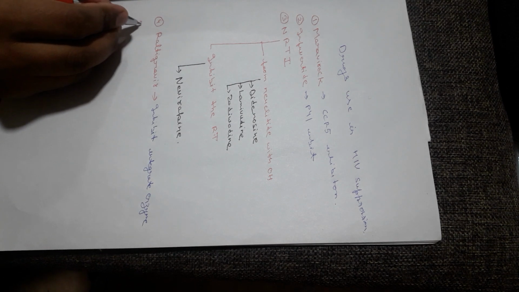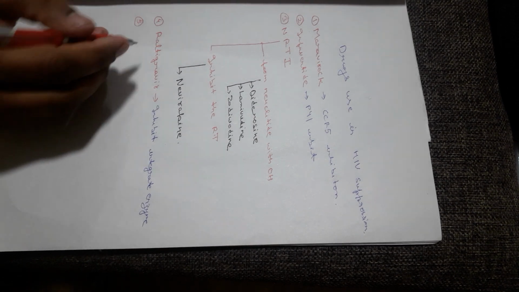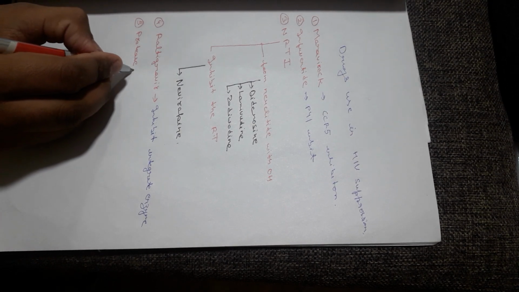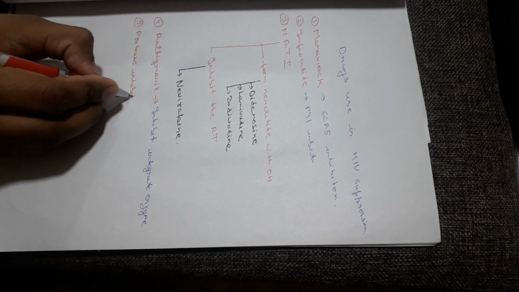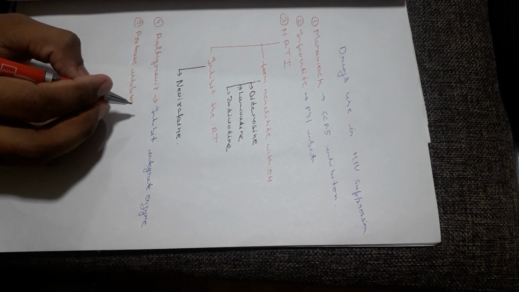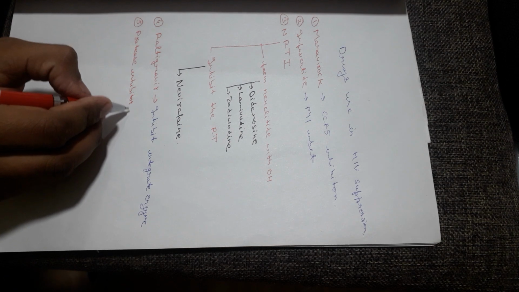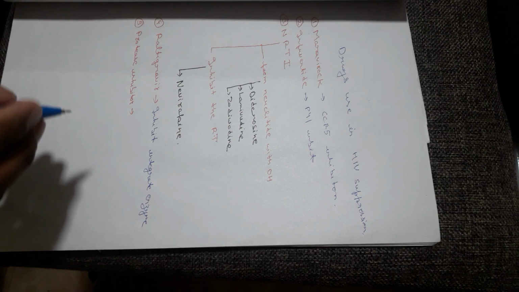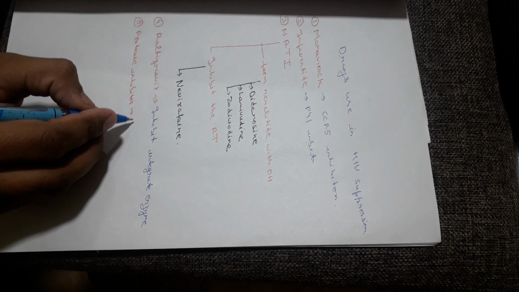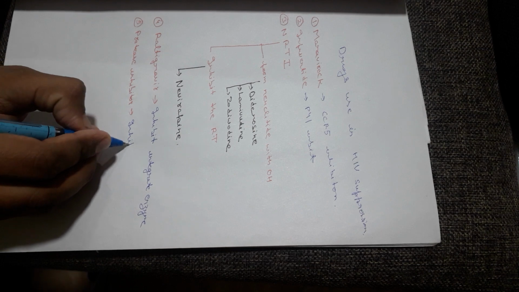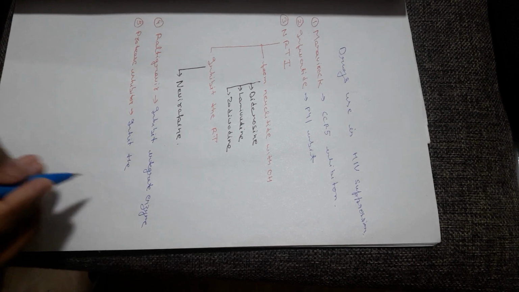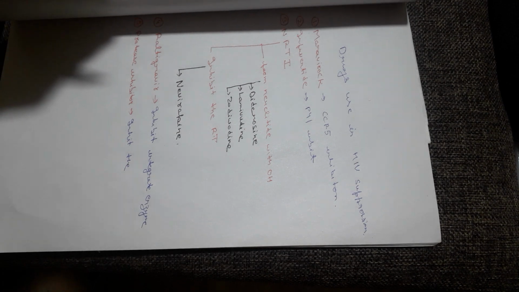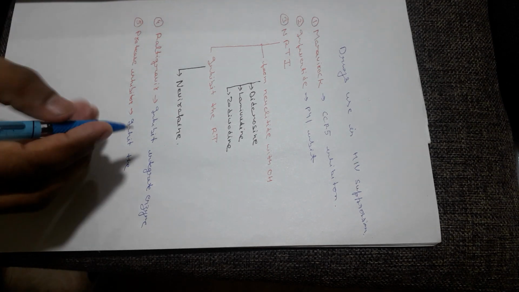The fifth group of drugs is protease inhibitors. They inhibit the polypeptidase.